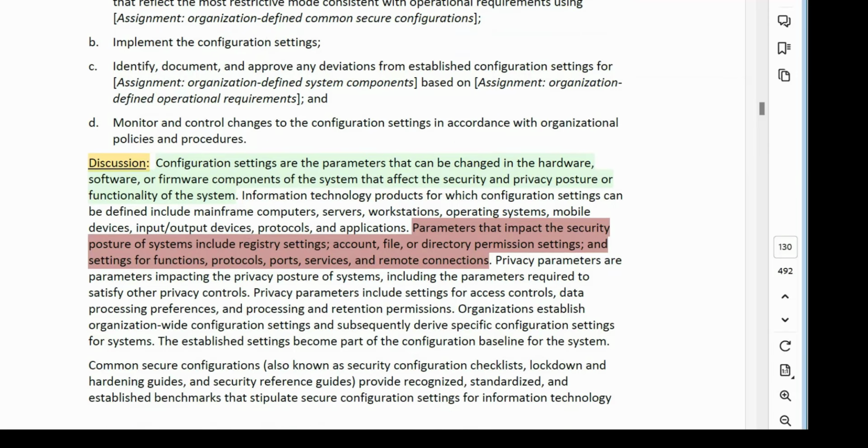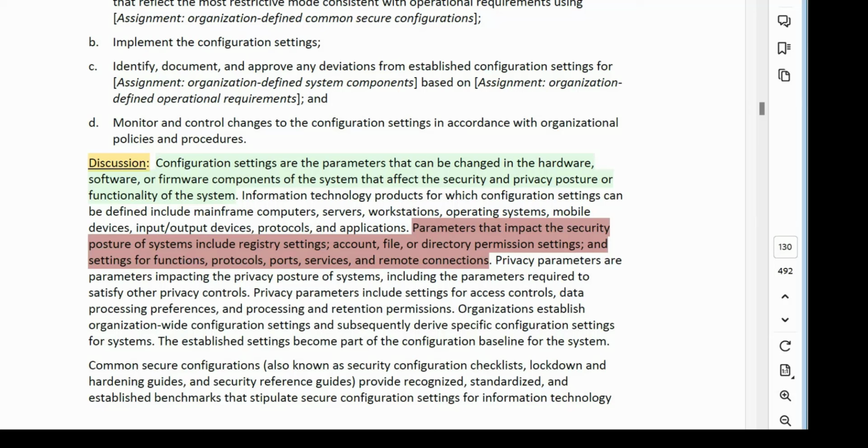Now, let's look at the discussion here. Configuration settings are the parameters that can be changed in the hardware, software, or firmware components of the system that affect the security and privacy posture or functionality of the system.